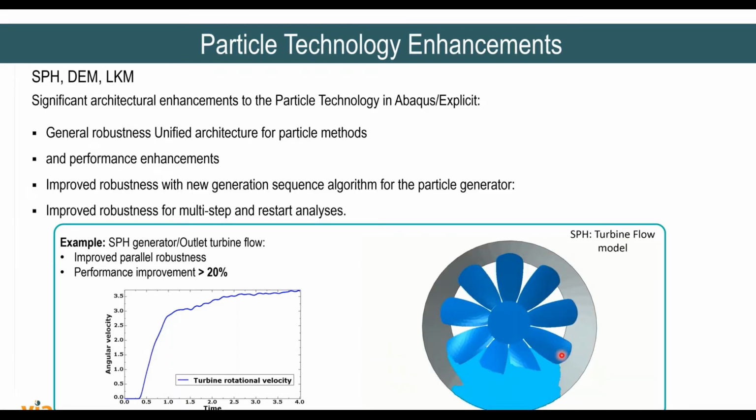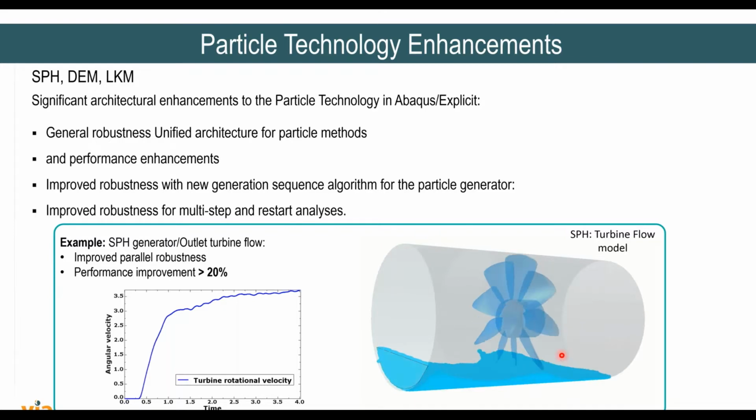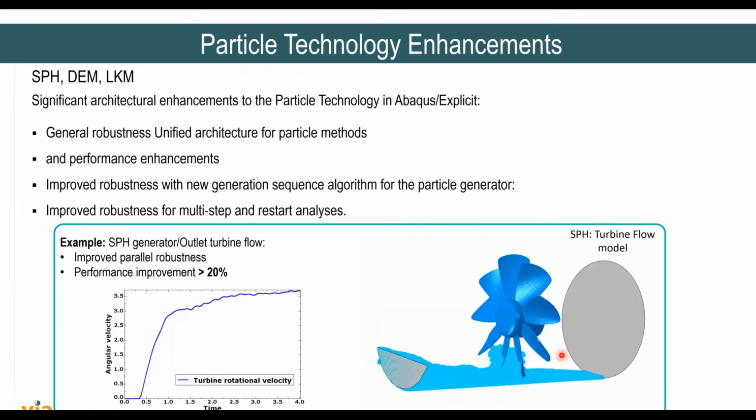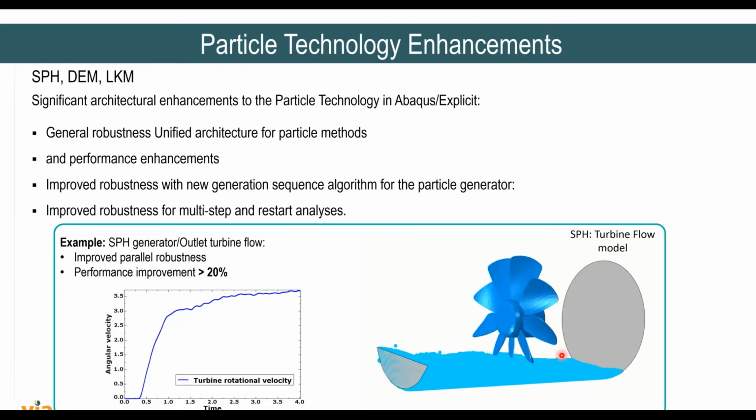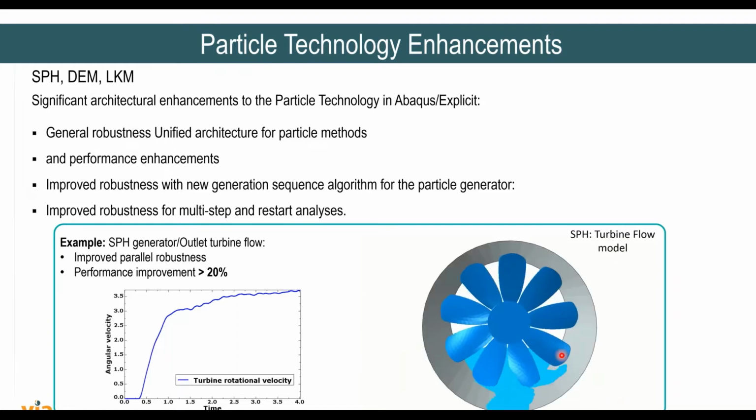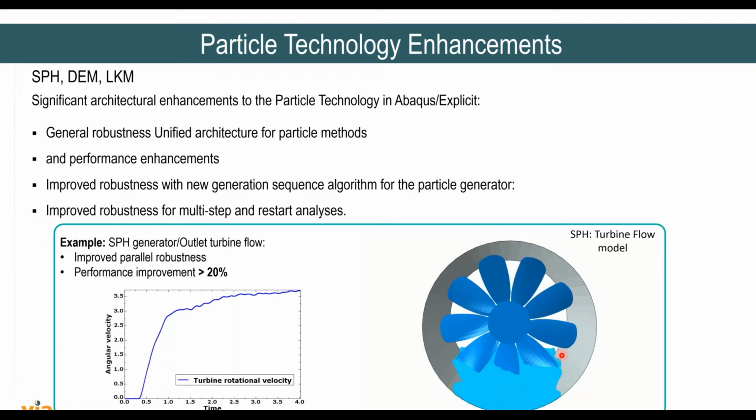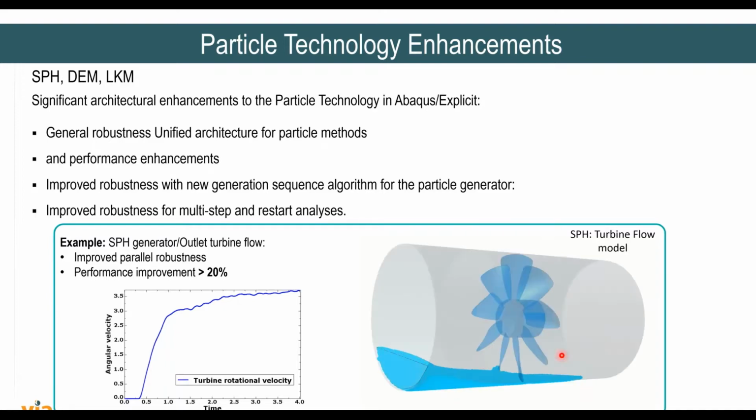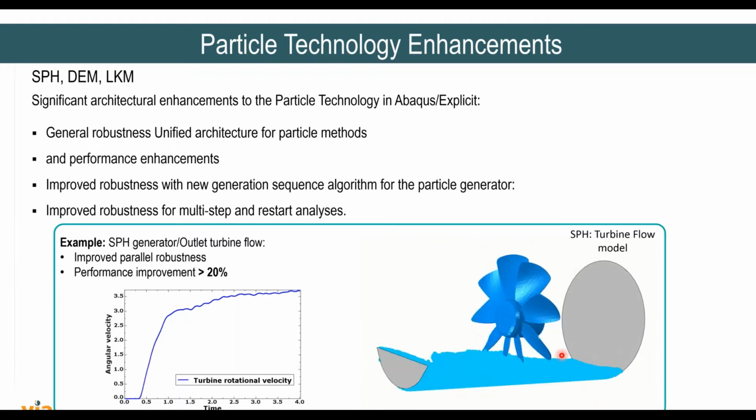In this version, there is a significant architectural enhancement and unification to this particle technology in Abaqus Explicit. The idea is to give you a more robust, unified architecture for the particle methods wherein the tracking of these particles is involved. So it has improved the performance.